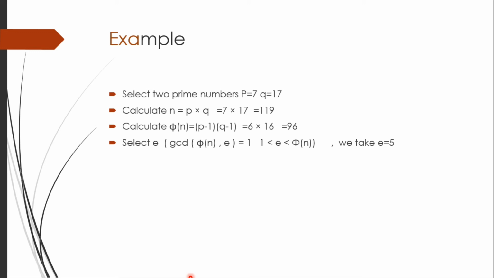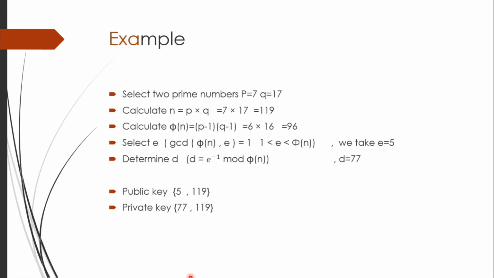It must satisfy the given two conditions. Here, I take e equal to 5, then determine the value of d using the given equation. We get d equal to 77. The values 5, 119 are used as the public key and the values 77 and 119 are used as the private key.